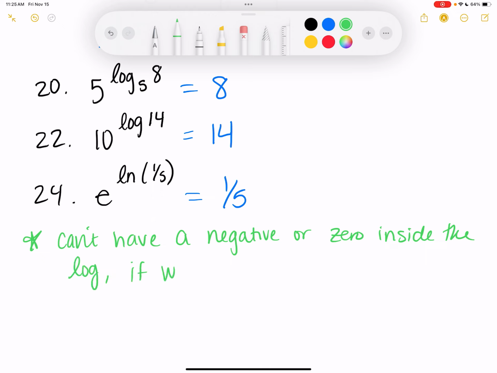If we do, it is undefined. So if you type the log of a negative number into your calculator, it's going to come up and say either syntax error, domain error, something like that. And that's going to pretty much be your clue that it was undefined.